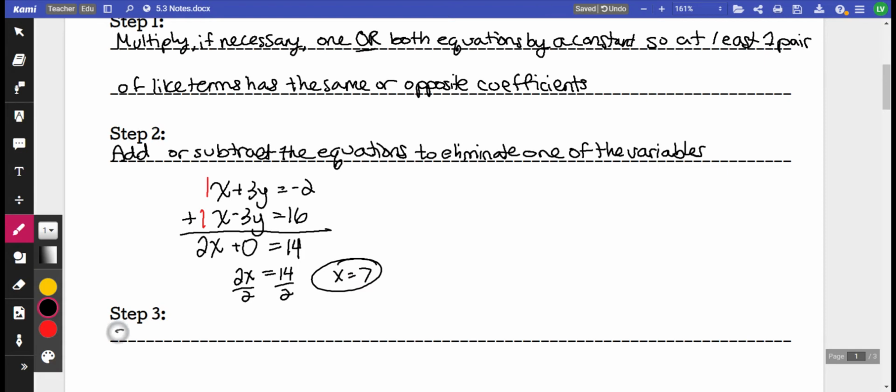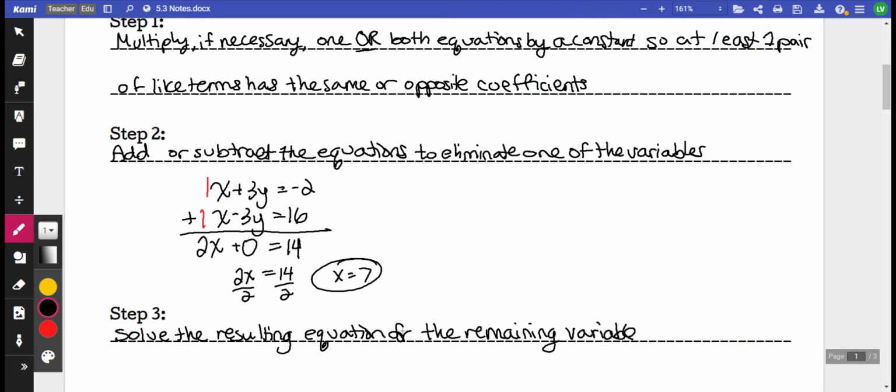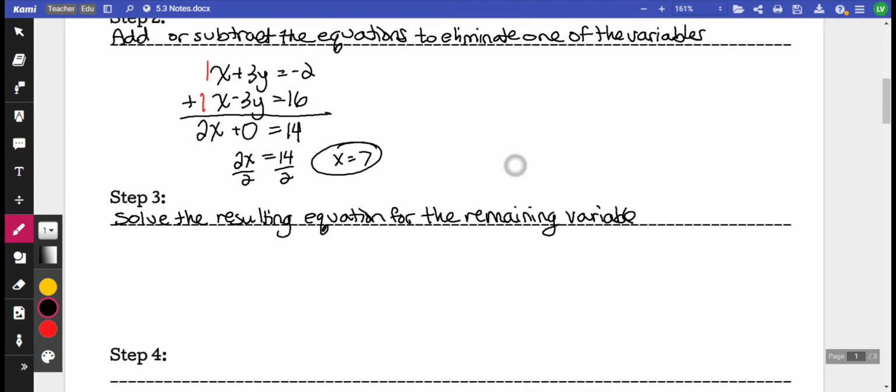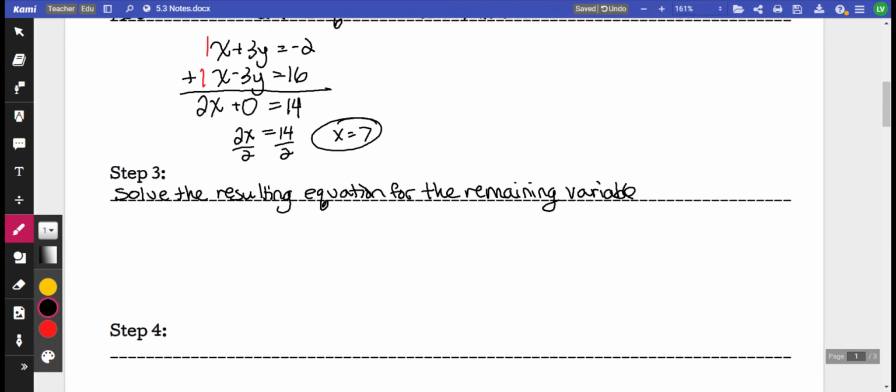Step number 3. Solve the resulting equation for the remaining variable. So I'm going to take one of the two equations.